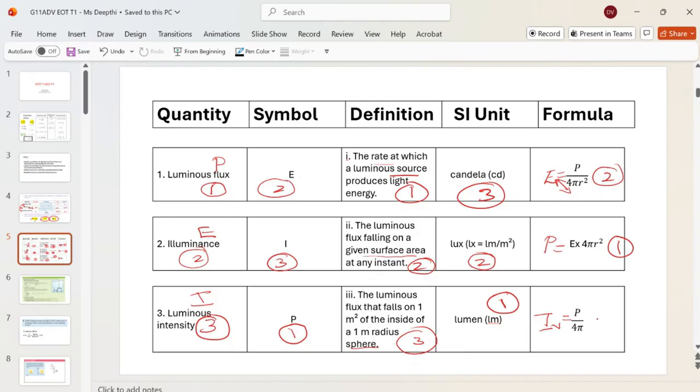So angle is related to the luminous intensity. So that's number 3. So hope you know how to match these definitions and equations and the letters and units together. So this is going to be a part of your first FRQ. Hope that's clear to you.